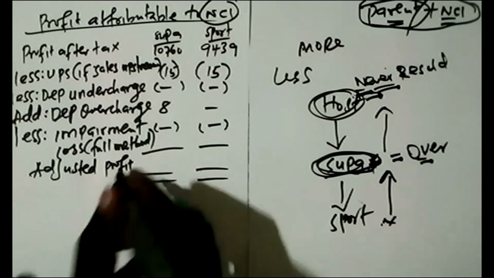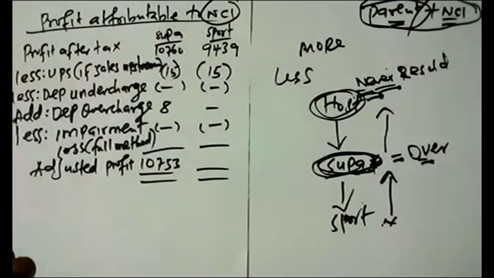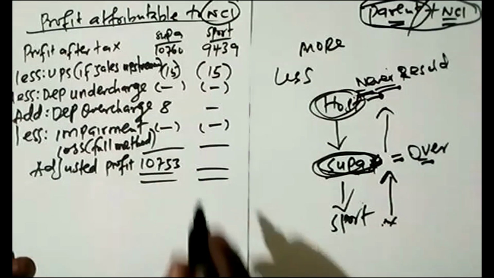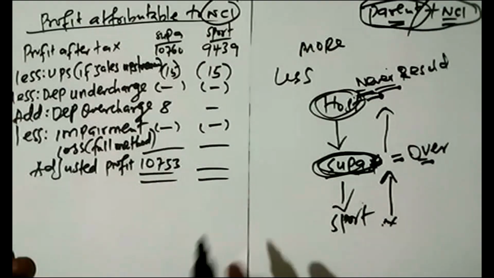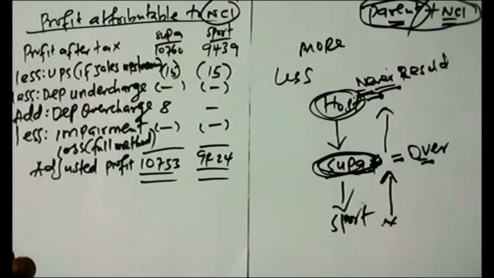The first one I'm getting 10,753. Is that fine? Yes. Then the second one? Give a minus 15. There, 9424.